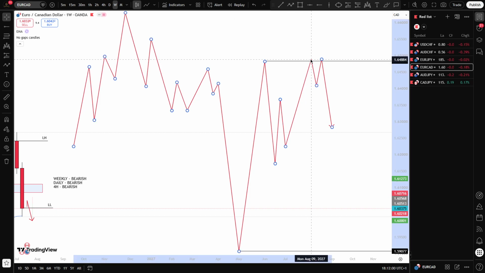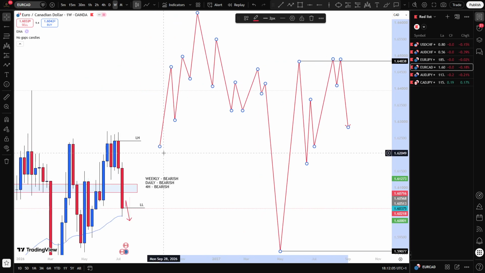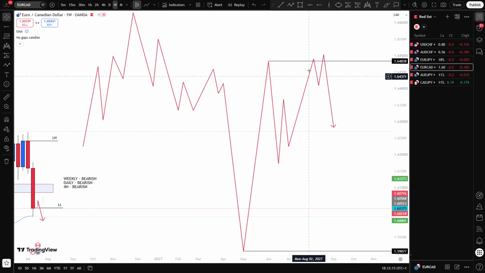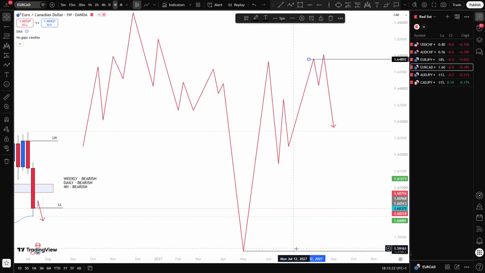Now this candle, this one body closed above this. So this one now became the higher high, and this one the higher low.